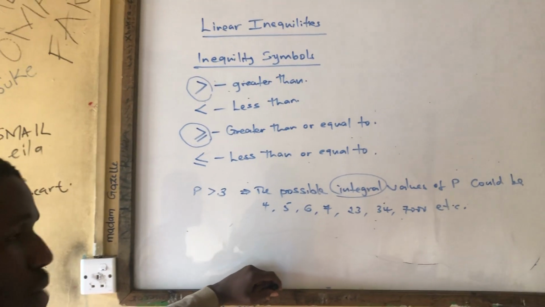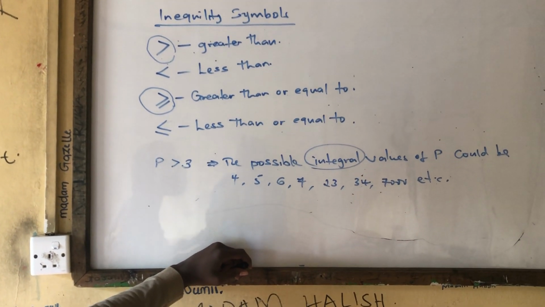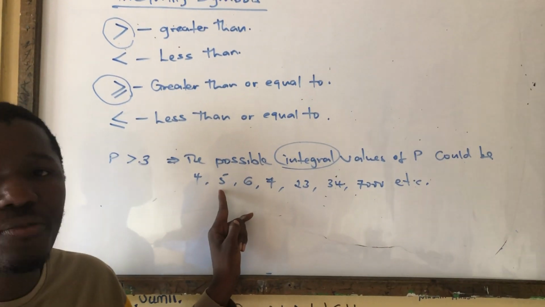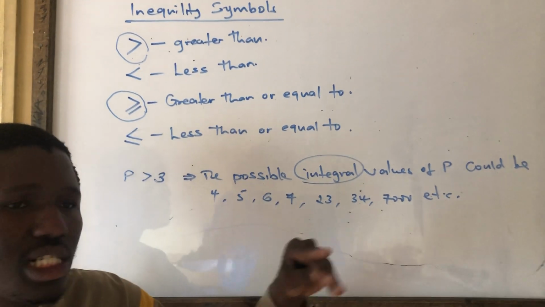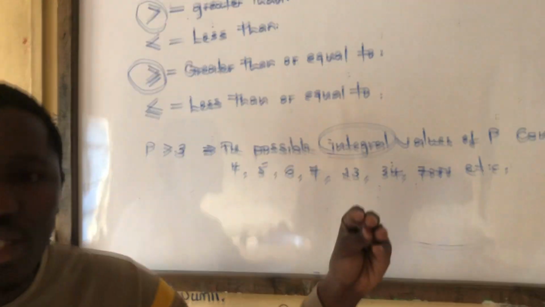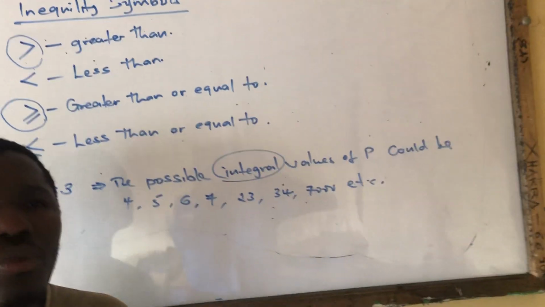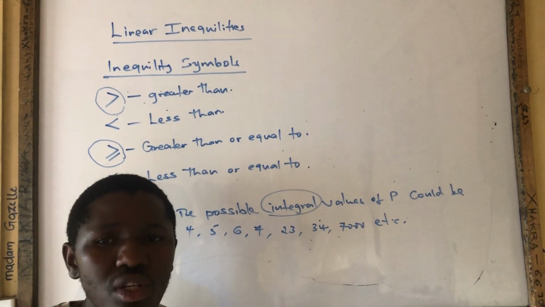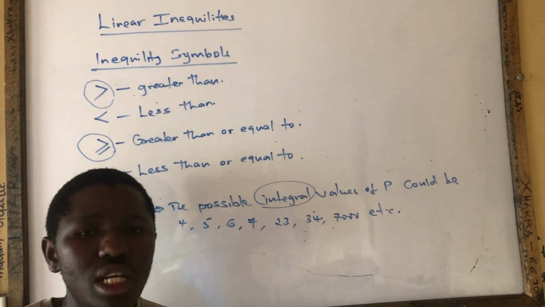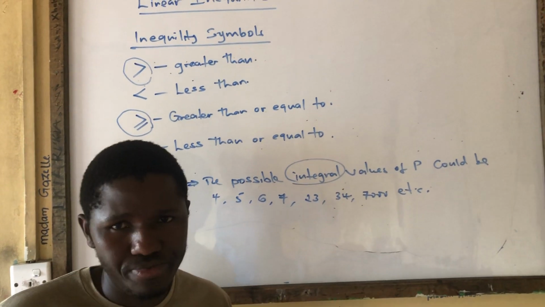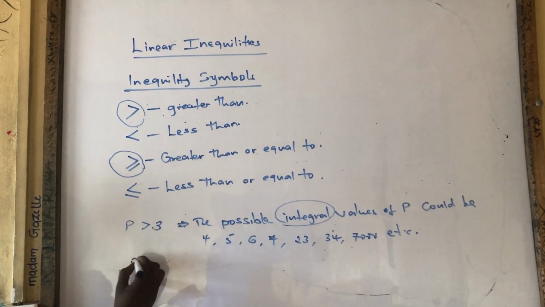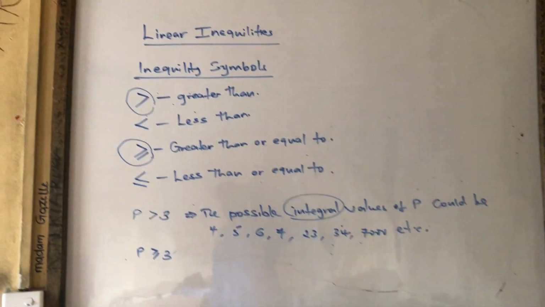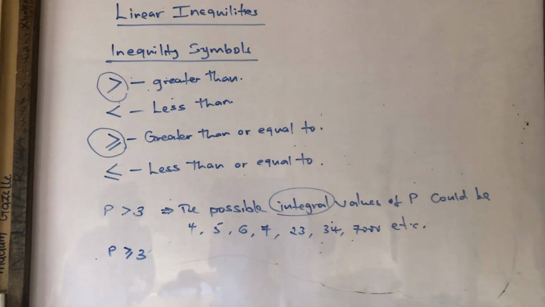The first possible integral value of P to consider becomes 4. And whenever I talk about the word integral, I mean integer or whole number. So the values of P could be 4, 5, 6, 7, 23, 34, 7,000, 1 million. The list is endless, for as long as the number is any number starting from 4 henceforth. But when we say that P is greater than or equal to 3, what does it really mean?